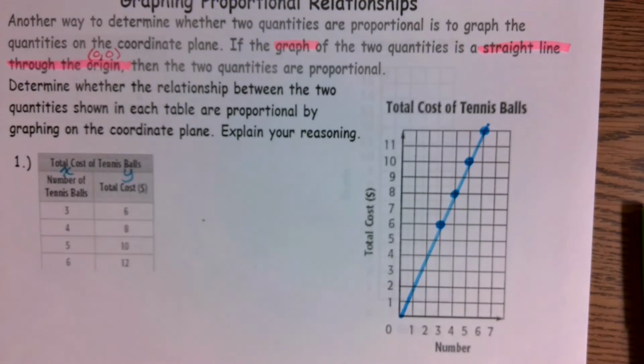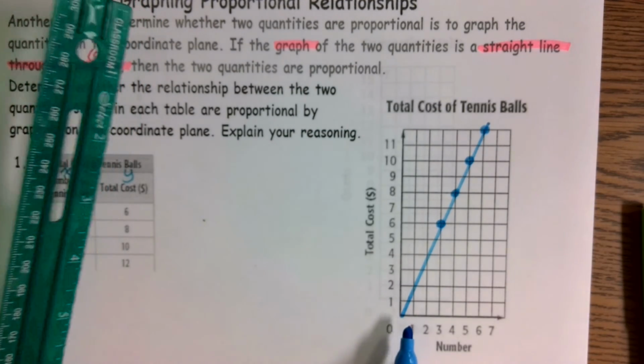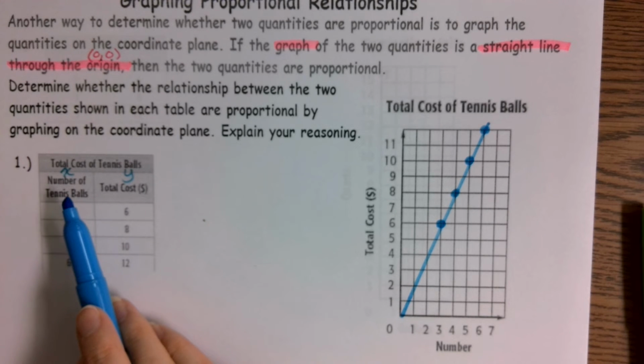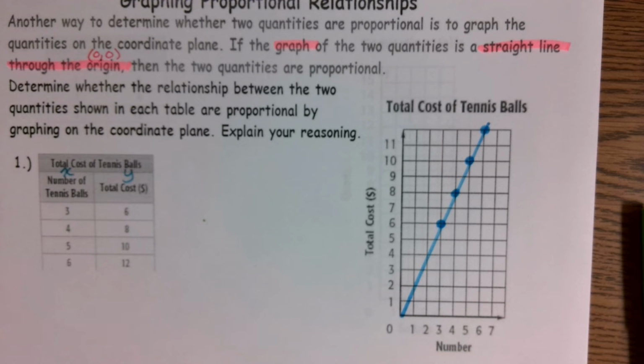So when I connect the points, it forms a straight line, and I can extend it to the origin, which makes sense, right? If I'm not buying any tennis balls, is it going to cost me anything? No, right? The $0 for 0 tennis balls. So this creates that proportional relationship because it goes through the origin, and it creates that straight line.